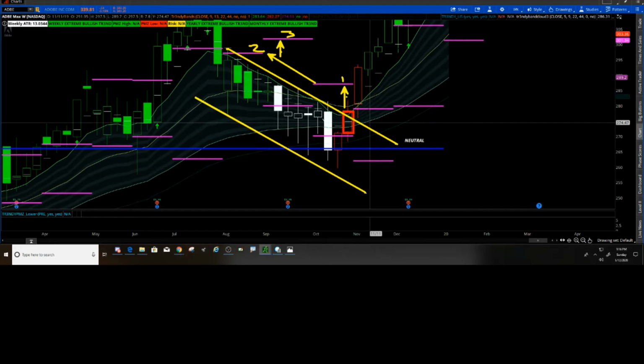Once we break out from here, I want to look up and to the left. You could use a stop underneath this rail, and let's say for these purposes that was 274. And if I'm looking up and I see that this price here looks like it's probably about 286 or so, I have to ask myself, is the risk to reward worth it in this opportunity to take what I think is a breakout?